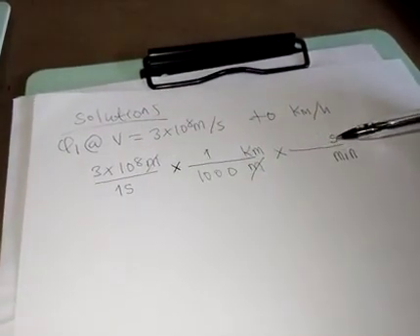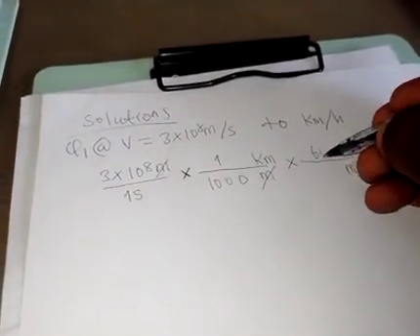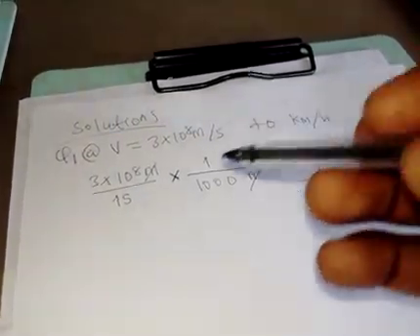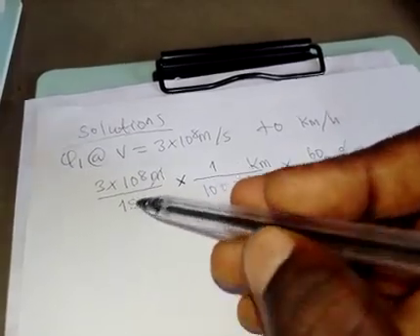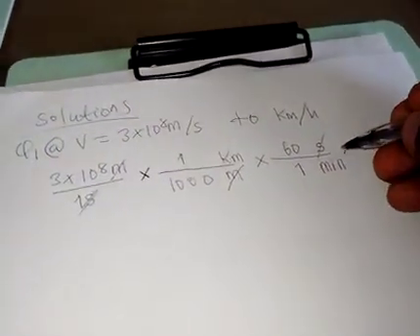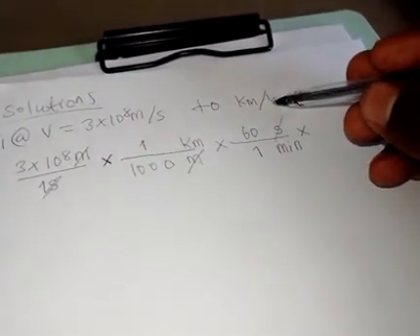What's the relationship between seconds and minutes? We know that 60 seconds give us 1 minute. So this second and that second cancel. Then again, we multiply, we are not yet done. We should convert the minutes we have into hours.